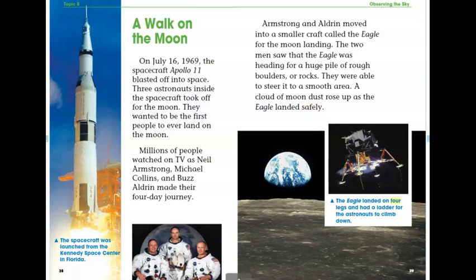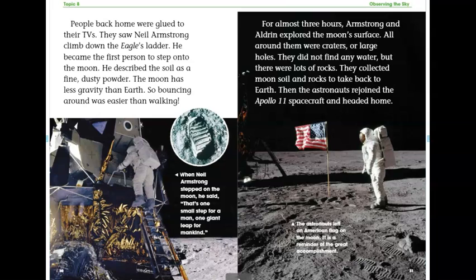The Eagle landed on 4 legs and had a ladder for the astronauts to climb down. People back home were glued to their TVs. They saw Neil Armstrong climb down the Eagle's ladder. He became the first person to step onto the moon.